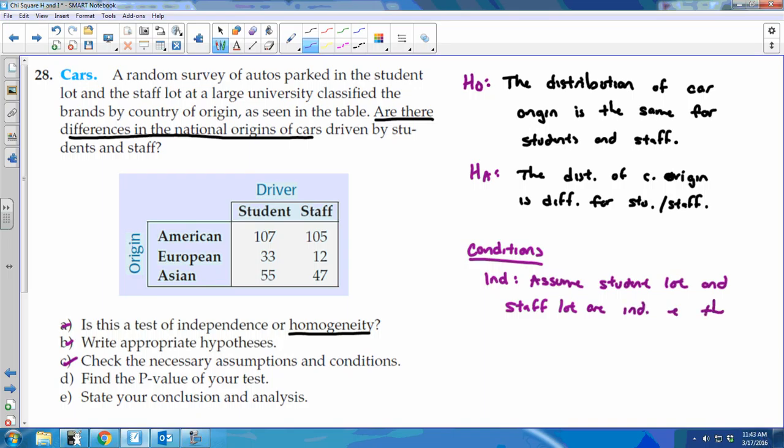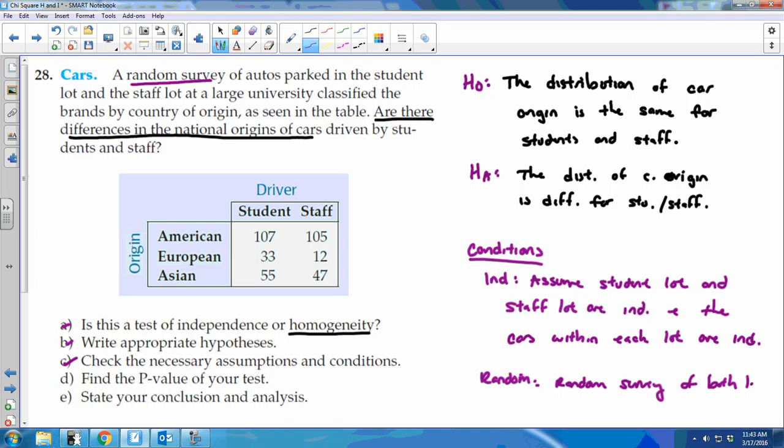And the cars within each lot are independent. Any questions about independence? Randomness, they tell you in the question that this was a random survey of cars. And so then our last thing is expected cell frequencies.